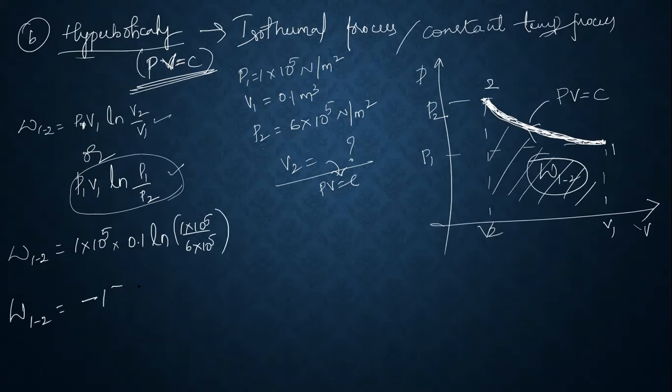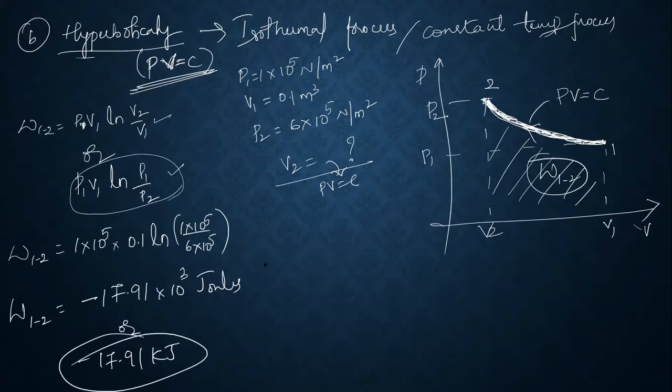We will get W1 to 2 as minus 17.91 into 10 to the power of 3 joules, or in kilojoules, minus 17.91 kilojoules. Now minus indicates it is a compression process.